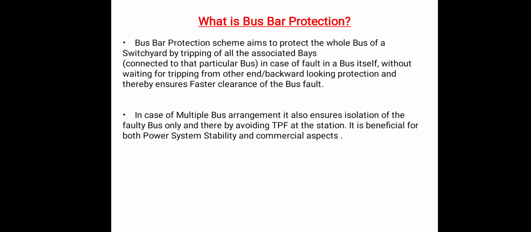This time may be 60 milliseconds, this is simply for example, or less, so that damage to the installation due to heating of conductors is avoided. Internal bus faults are less frequent than line faults, so we need to be more attentive to busbar protection systems.